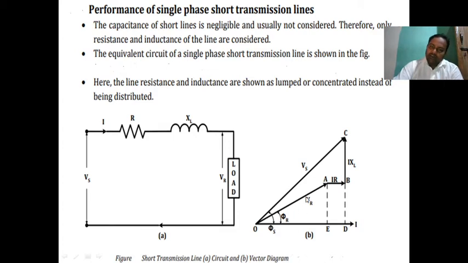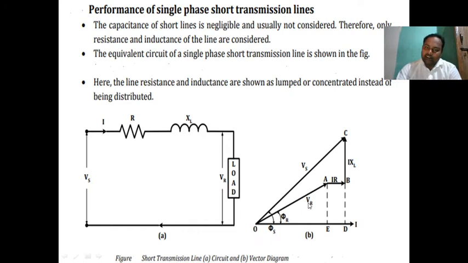For a good diagram, we take Vr as the reference. So O to A represents Vr, the receiving end voltage.